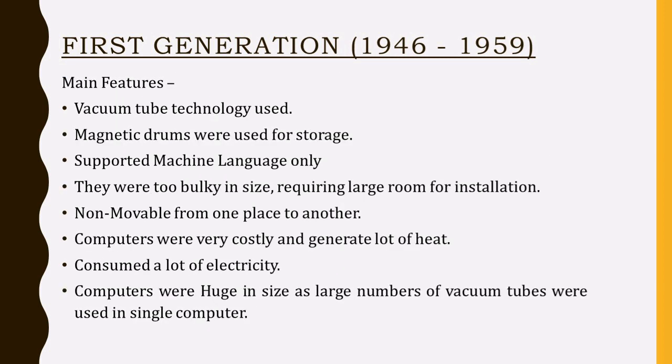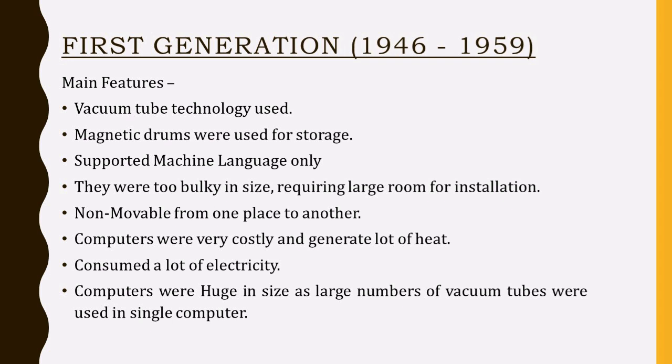Now, the main features of these first generation computers. Number 1. They used vacuum tube technology. Number 2. Magnetic drums were used for storage. Number 3. They supported only machine language. Number 4. As they are too bulky in size, they require large rooms for installation.